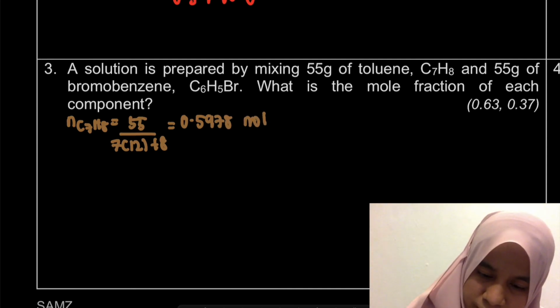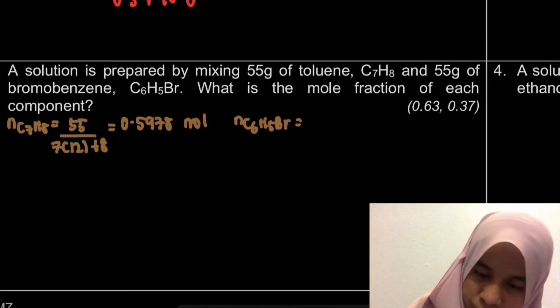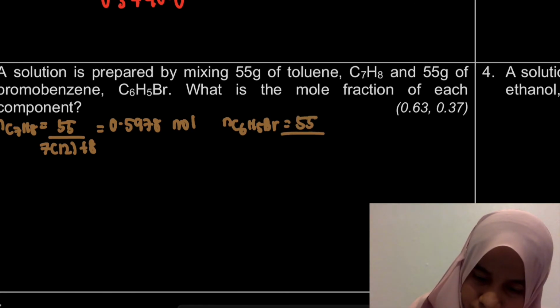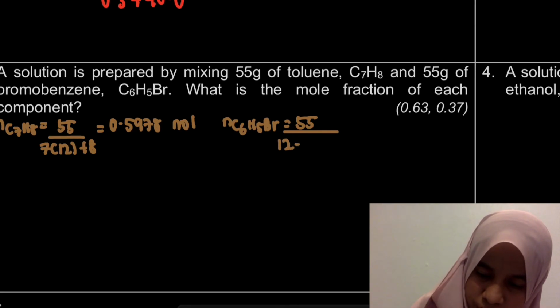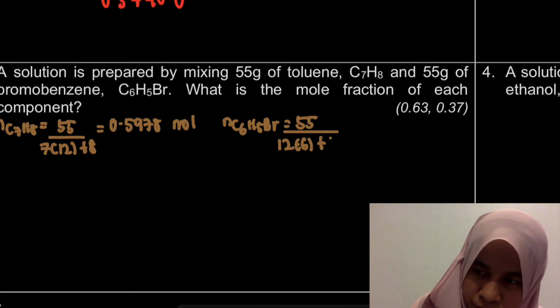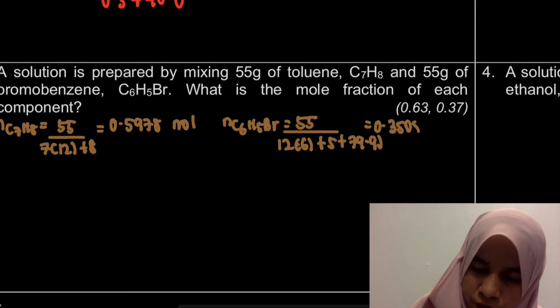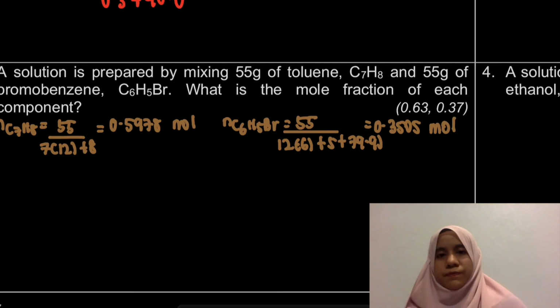Okay, so the number of mole bromobenzene pula, C6H5Br is 55 gram juga, divided by 12 plus, 12 ni must multiply by 6 sebab 12 ni is molar mass of carbon, 6 plus 5, bromine is 79.9. So we will get the value is 0.3505 mole. Okay. So far so good kan?